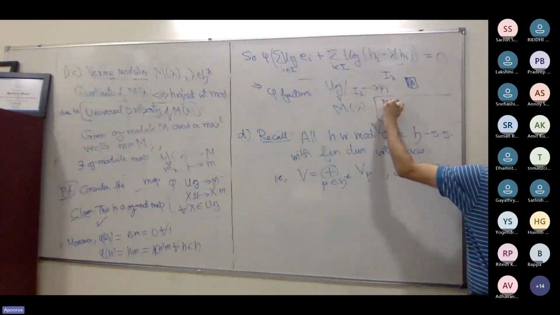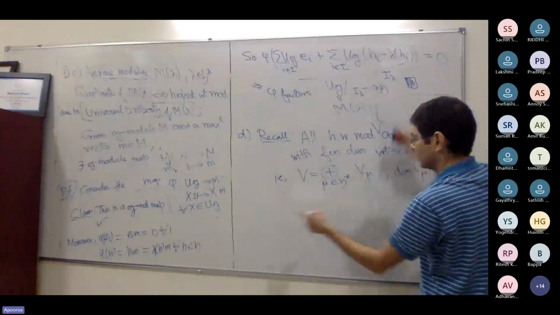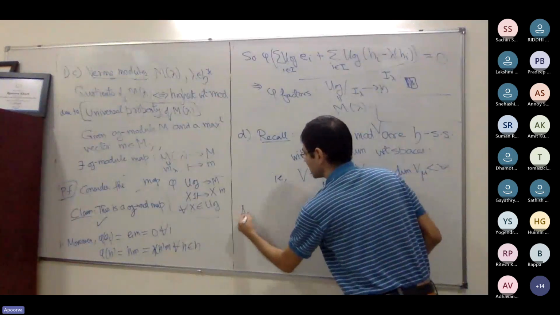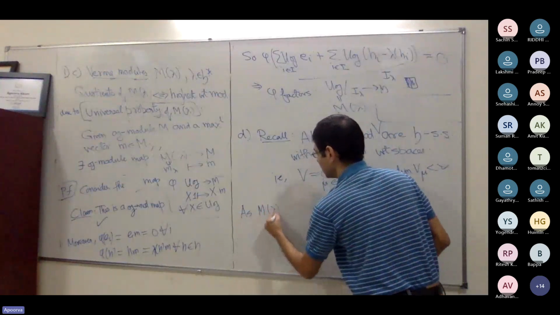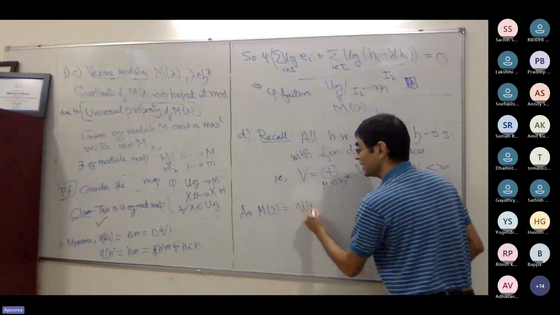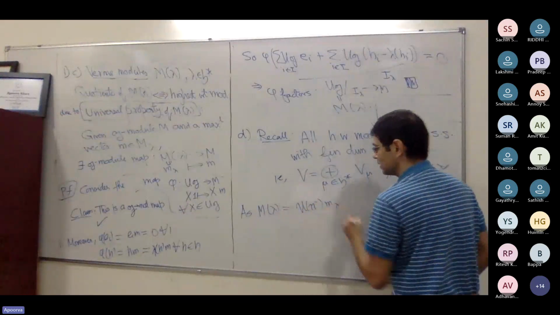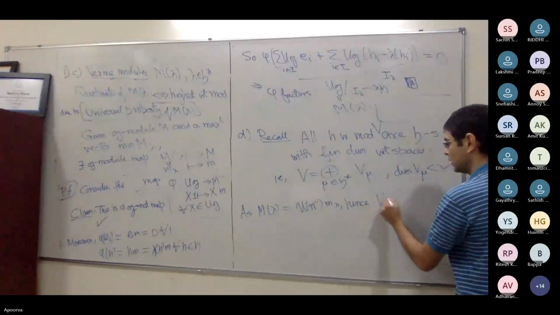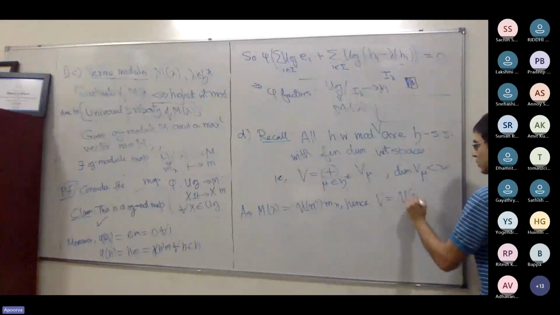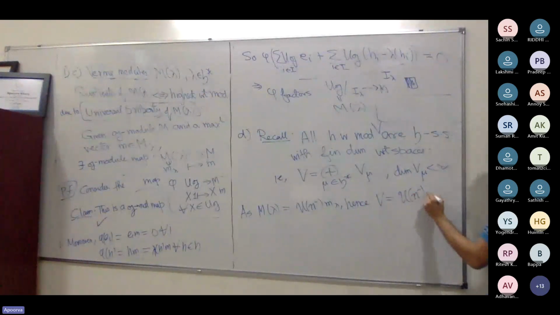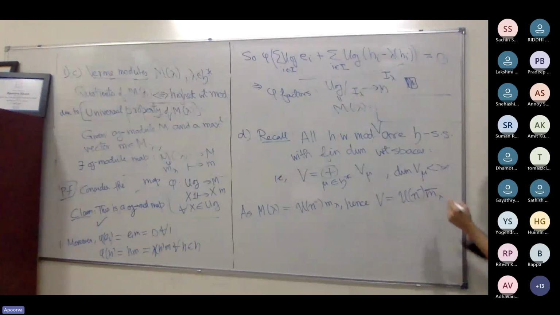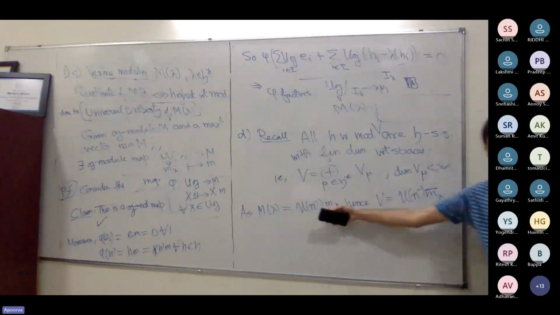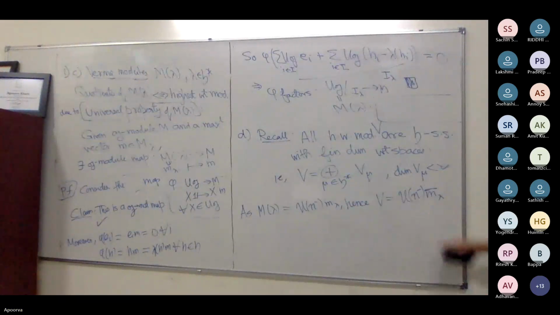You can write the Verma module this way, but also remember that the Verma module is U n minus applied to m lambda. We saw that last time. And so is the same for V. V is U n minus applied to m lambda, the image of m lambda, the generator, in the quotient.